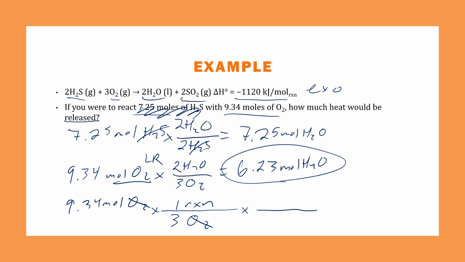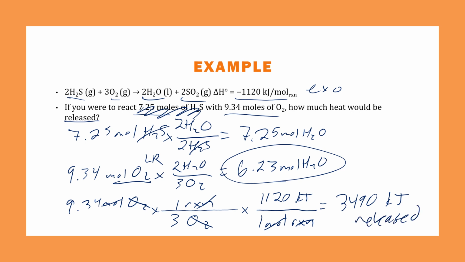I'm just going to go ahead and use the magnitude of that heat energy. Oops, I'm going to put it on the top. The 1120 kilojoules per mole of reaction. That way the moles cancel and the reaction cancels. And so when you go ahead and divide and multiply, you get 3490 kilojoules released.